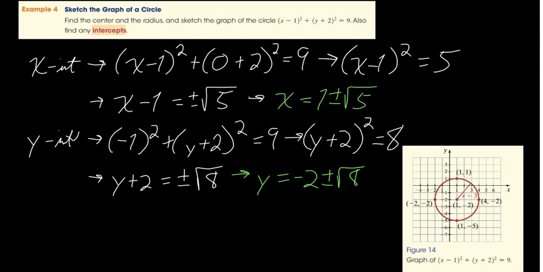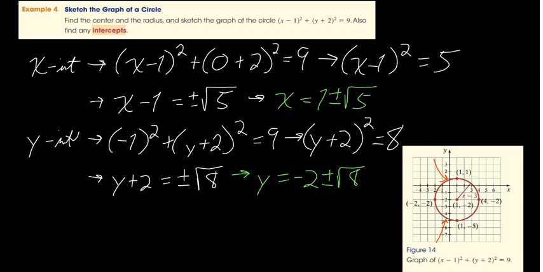That intercept, negative 2 plus the square root of 8, is 0.82, and the other is down here, something very close to 5 but not 5. All these make sense.